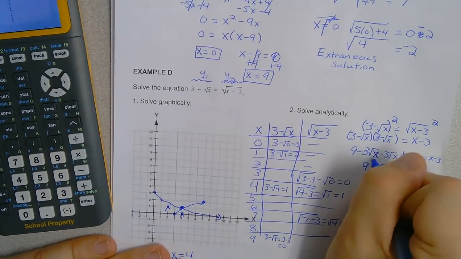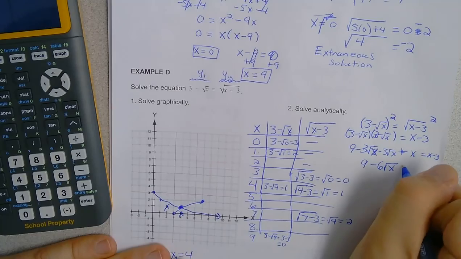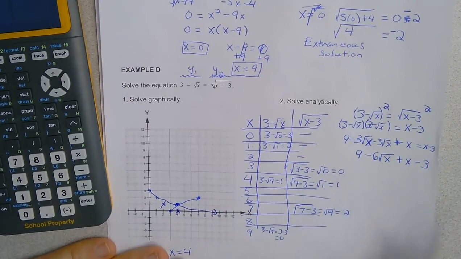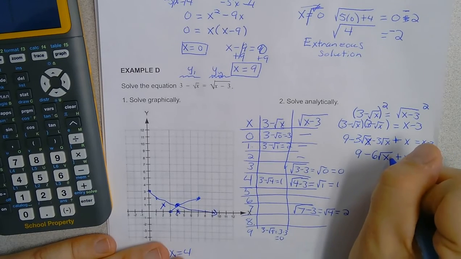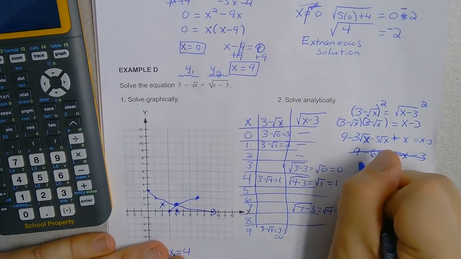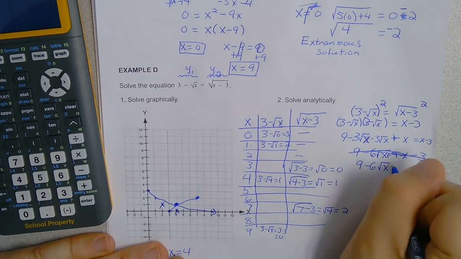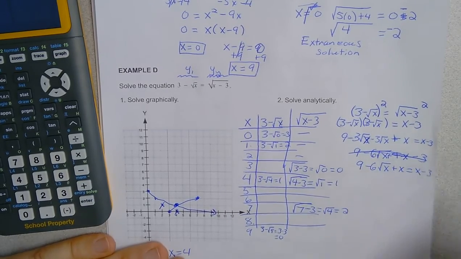That should be the square root of x. My apologies. So let me just rewrite this real quick. So 9 minus 6 times the square root of x plus x is equal to x minus 3.